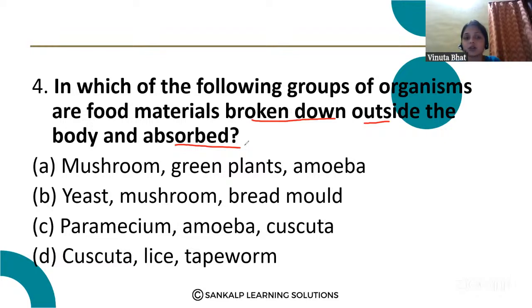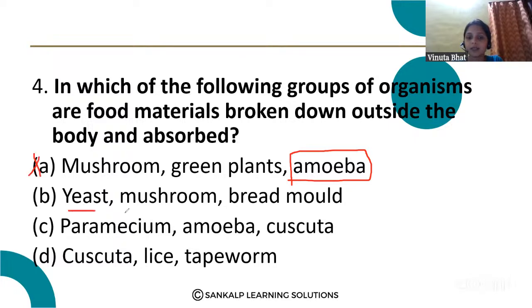Which of the following belongs to this type of group? Mushroom, green plants, amoeba. Here the green plants are autotrophs. But in amoeba, digestion of the food takes place in the food vacuole, not outside the body. So option A is a wrong answer.